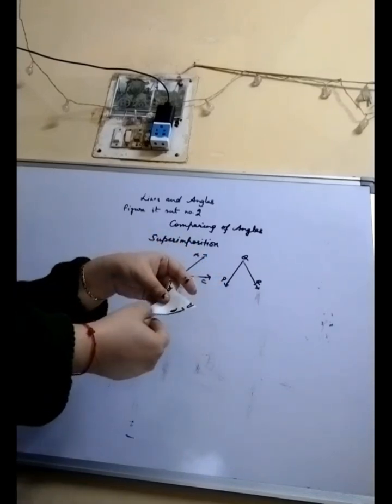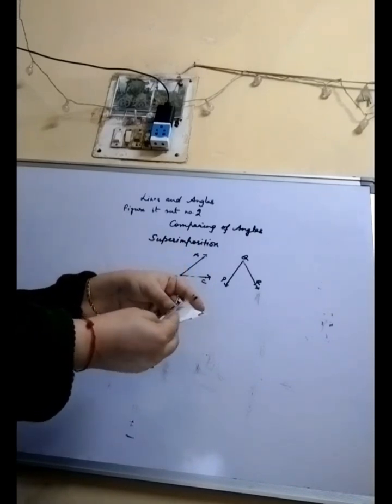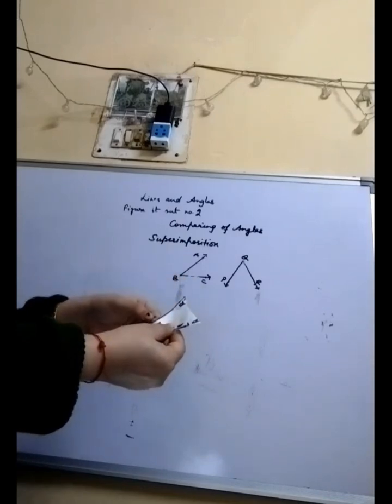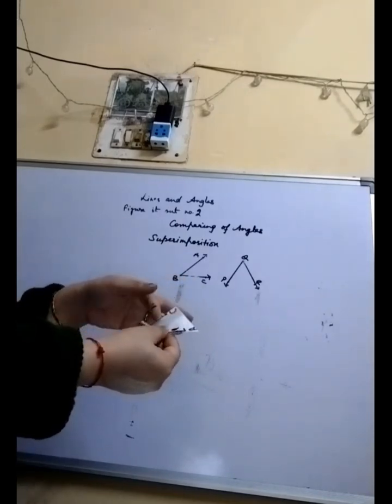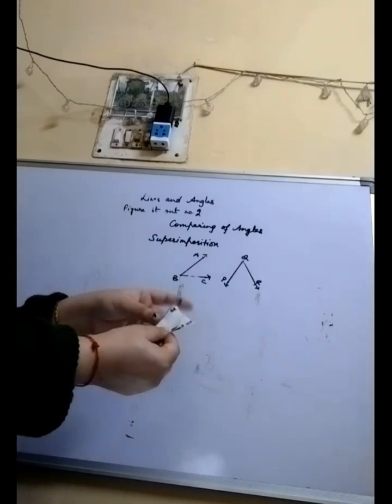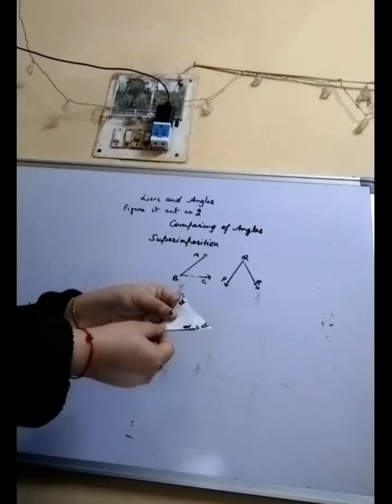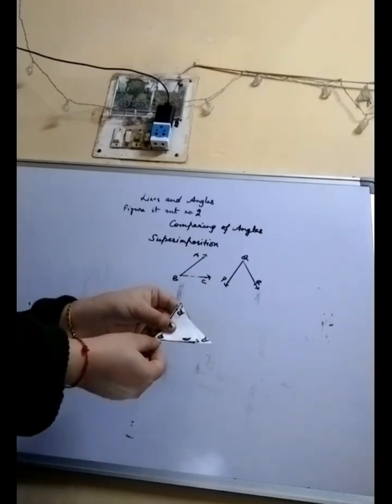So the ray PQ is exactly lying over ray AB and ray QR is exactly lying over ray AC. This means that the two angles that we have drawn are exactly equal to each other.